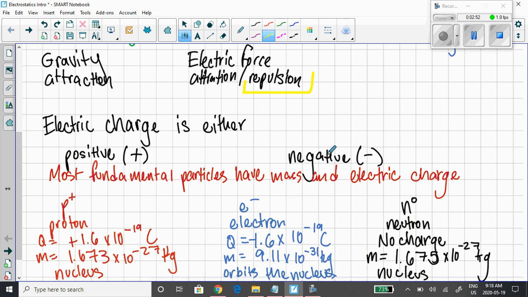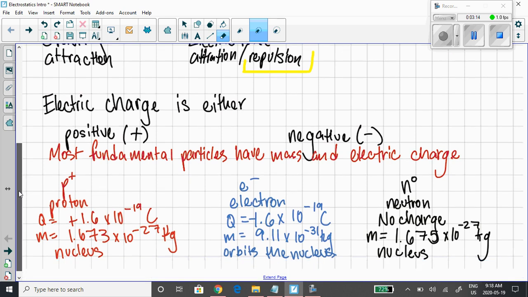The other type is called negative electric charge. And most of the most fundamental or basic particles, the building blocks of matter in the universe, have both properties, both mass and electric charge. Yes, there's some exceptions, of course, but a lot of particles have both.